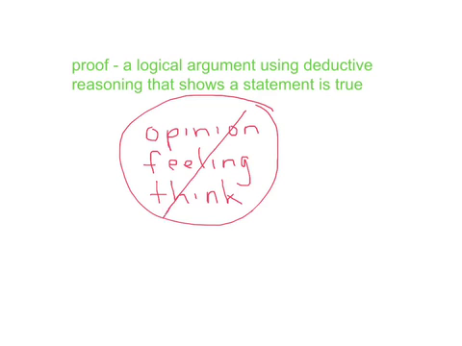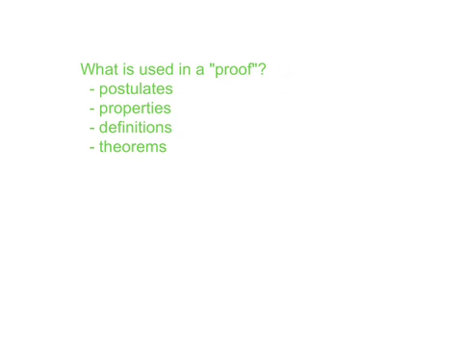Okay? All right. There's lots of kinds of proofs. And in almost every proof that I know of, we always use things like postulates, properties, definitions, and theorems. We don't use, like I said before, any opinions, feelings, assumptions, things that we think are true. Okay?